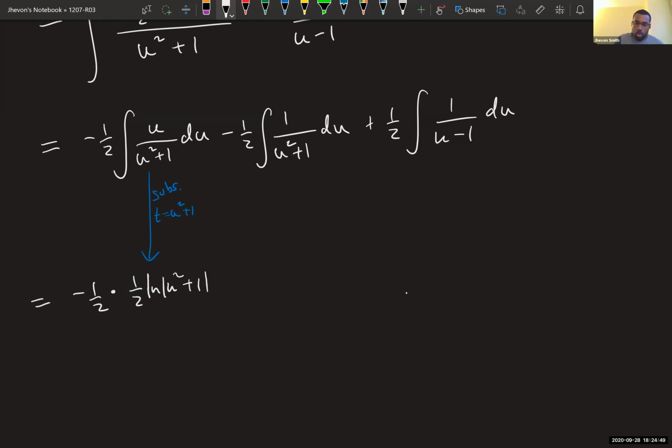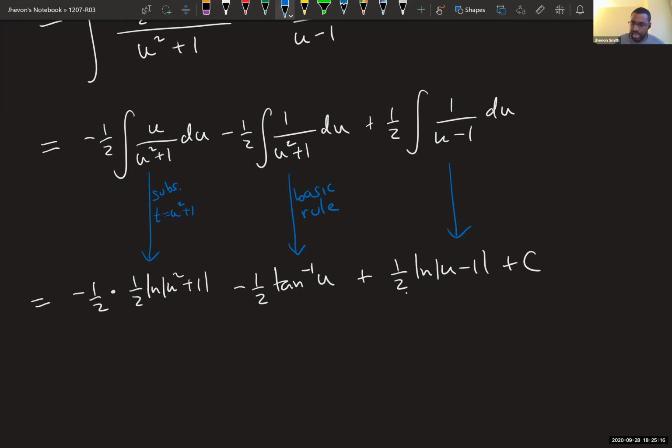What is this one? Inverse tangent. Tan inverse, right? So this is minus 1/2 tan inverse. That's just a basic formula. And this one? 1/2 ln of the absolute value of u. Mm-hmm. And again, that's a semi-basic formula.